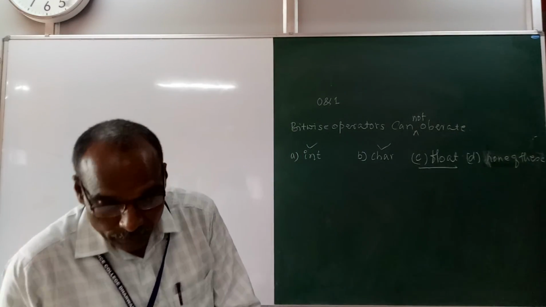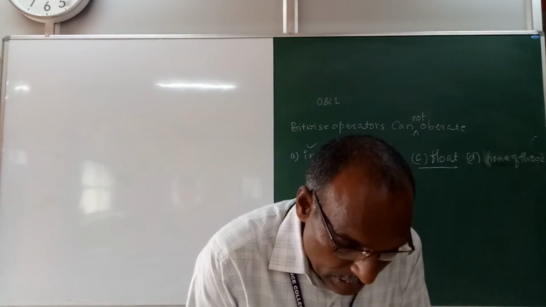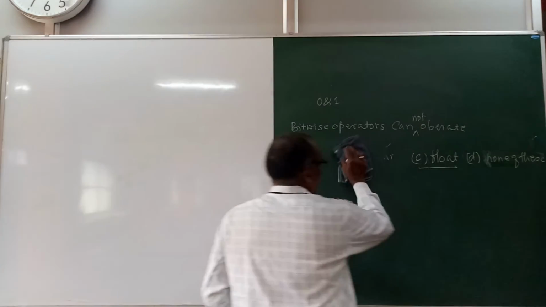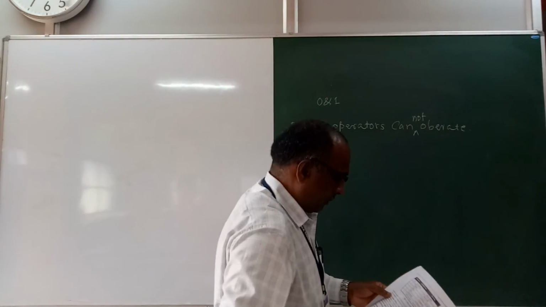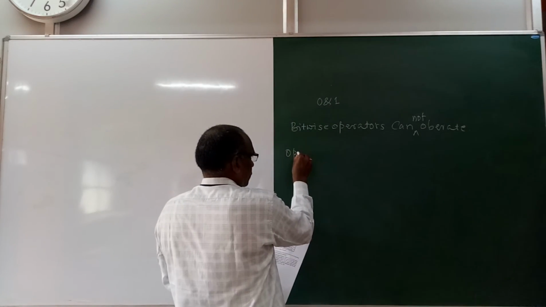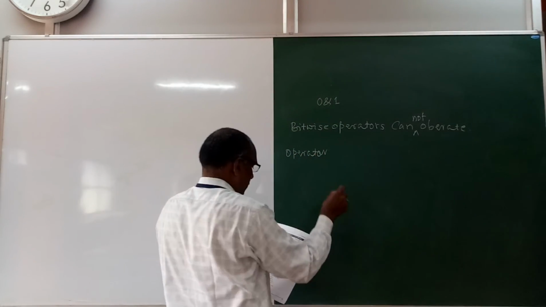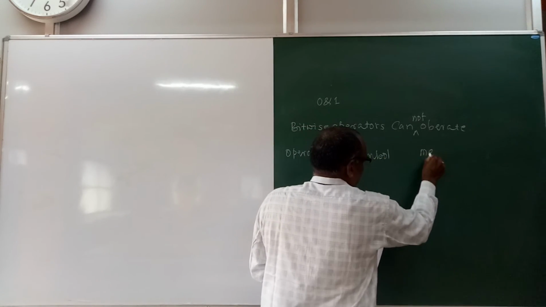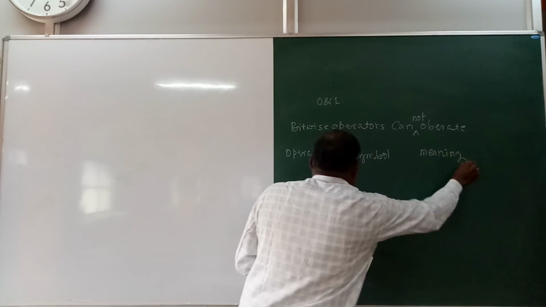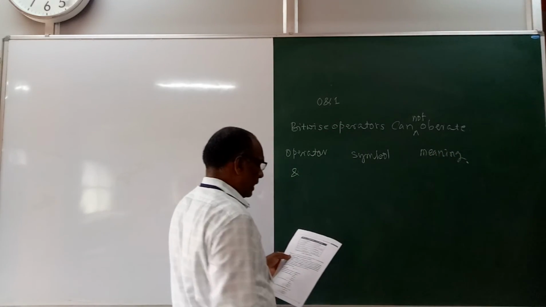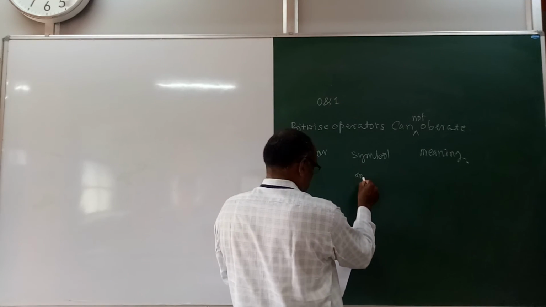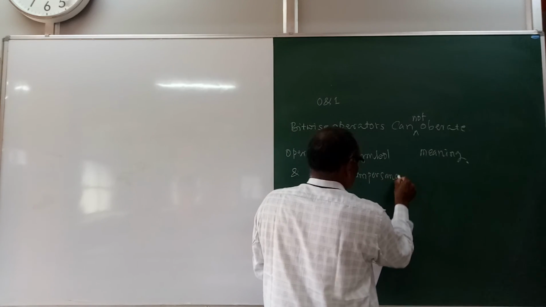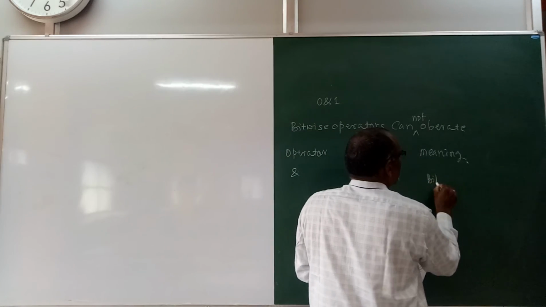And there are 6 bitwise operators. I'll mention them here: operator symbol and meaning. The symbol ampersand means bitwise AND.